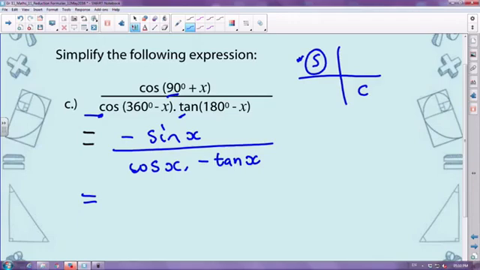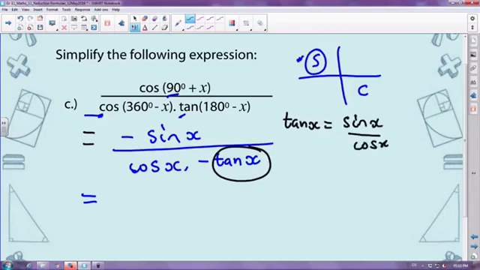Now remember when we were doing identities, tan of x is sine x over cos x. So if I see sine x over cos x, we can make that tan x.